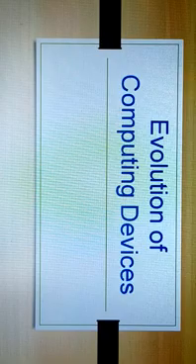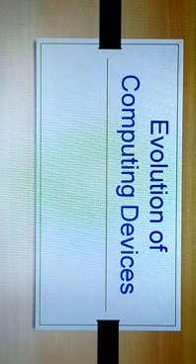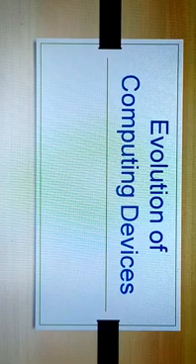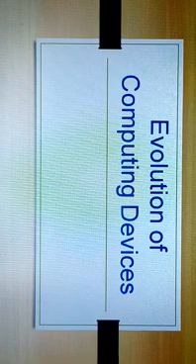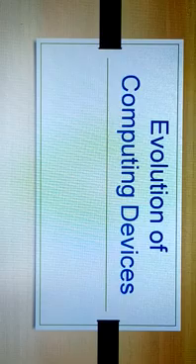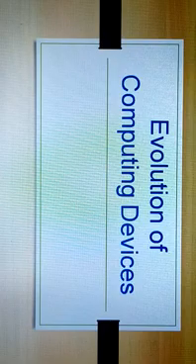Then in 1642, a Frenchman named Blaise Pascal developed the first mechanically operated device, known as Pascal's machine. The device consists of wheels which were dialed to enter numbers, and these numbers were transformed to a result.